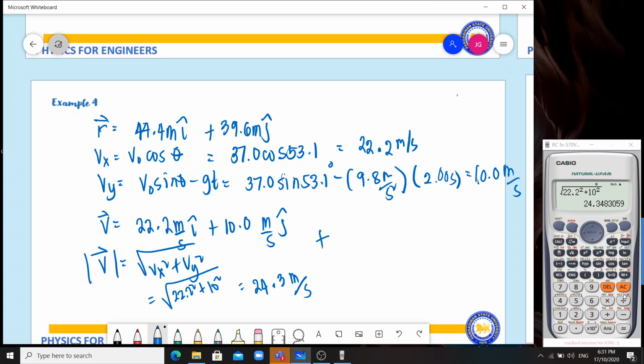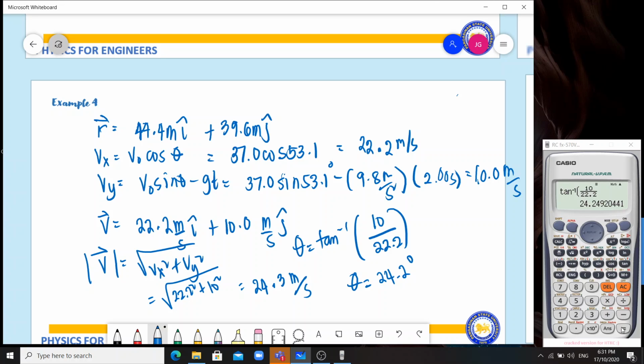Now, we need the direction. Don't forget the direction. 10 over 22.2, the inverse tangent of 10 over 22.2, is 24.2 degrees.